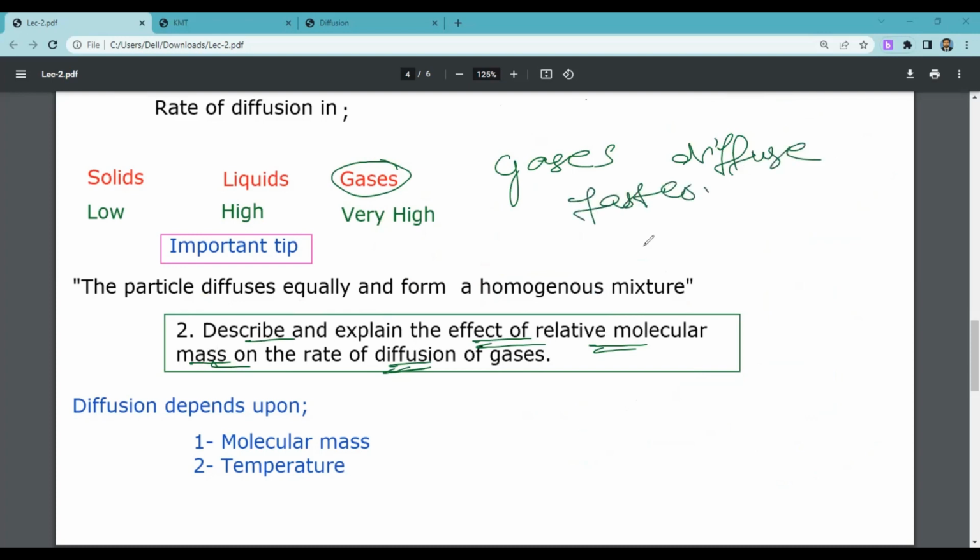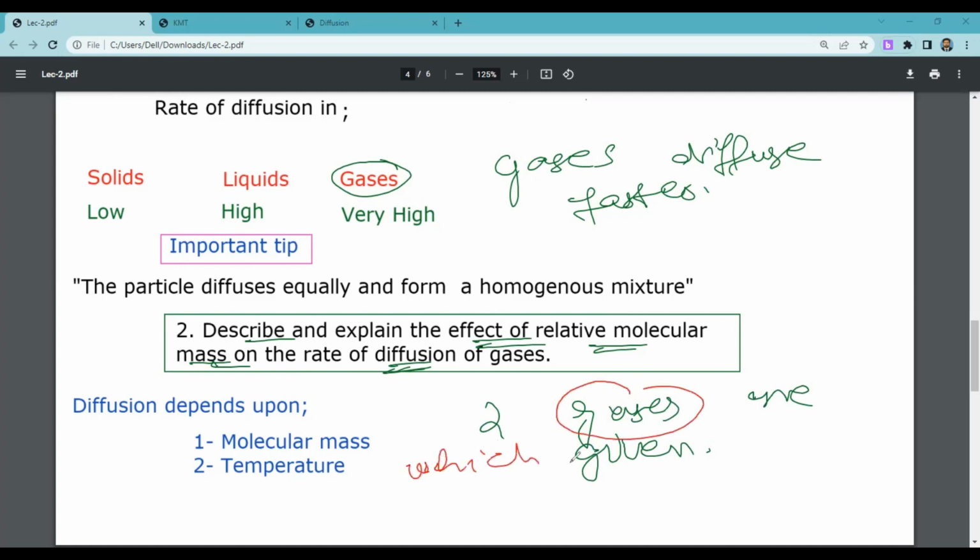Now if two gases are given, we know that gases diffuse faster, then how will we distinguish which gas diffuses faster? Here are two parameters that help us find which gas diffuses faster. The first is molecular mass and the second one is temperature.